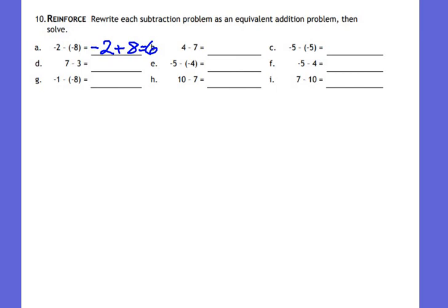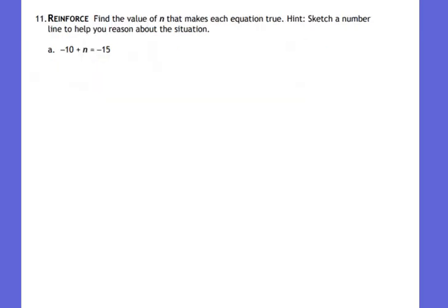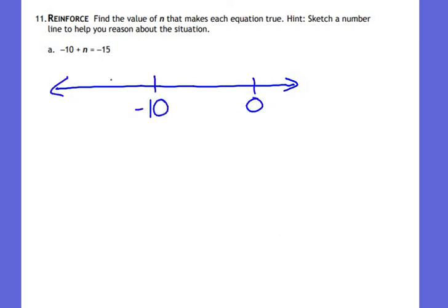Let's take a look at 11. 11 says, find the value of n that makes each equation true. Sketch a number line to help you reason about the situation. So it says negative 10 plus n equals negative 15. My first arrow was drawn to what in this problem? Negative 10. And we ended at what number?